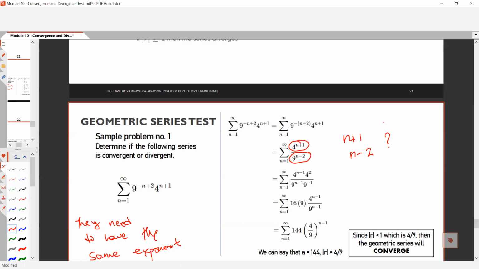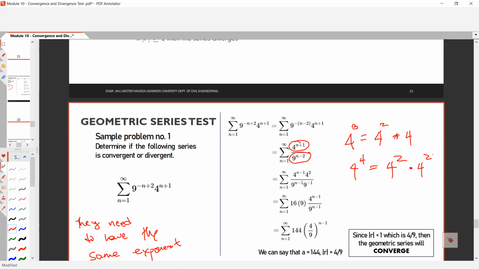You can separate the terms. Separate the powers. How do you do that? As you all know, 4 cubed can be written as 4 squared times 4. Likewise, 4 raised to 4 can be written as 4 squared multiplied by 4 squared.